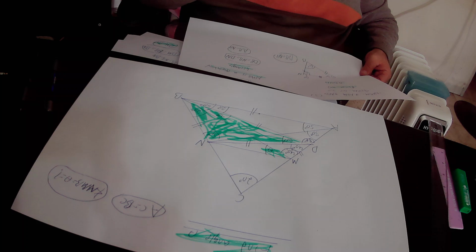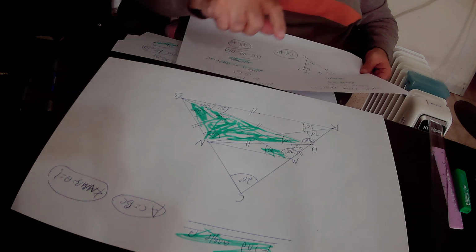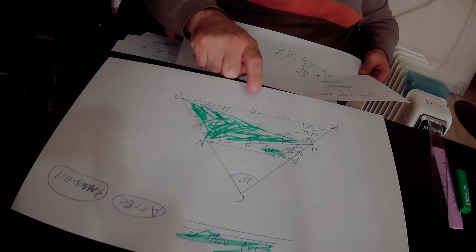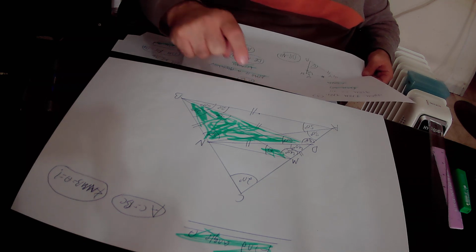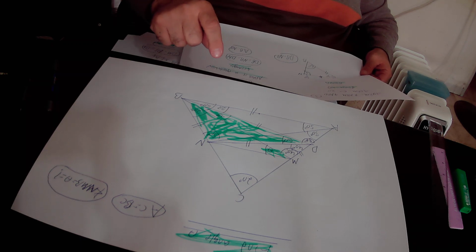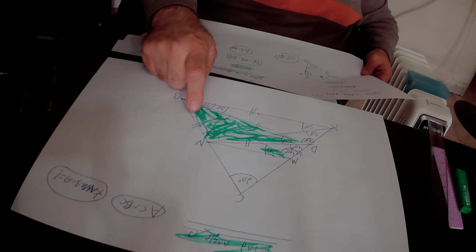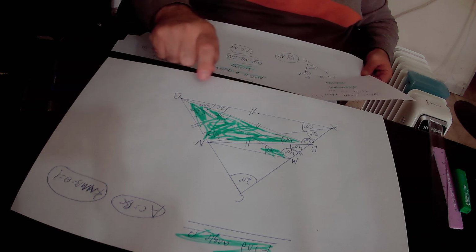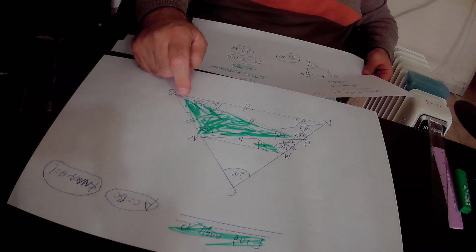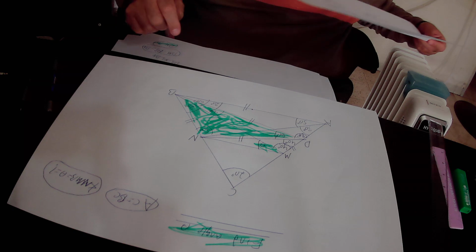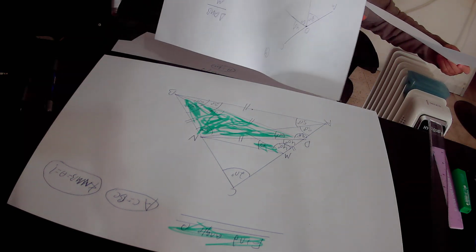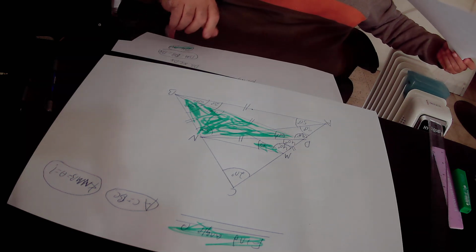Okay, and then we found out that DB equals NB, because of the fact that AB equals NB.